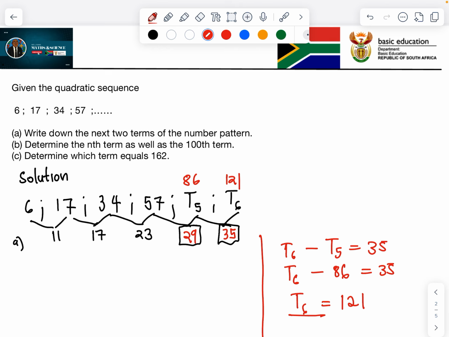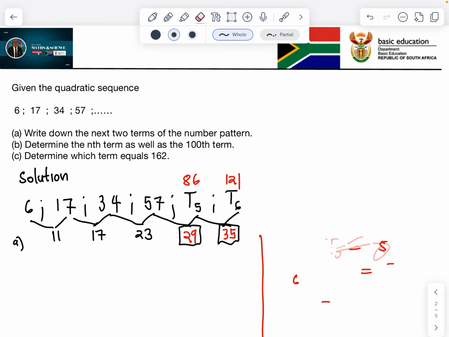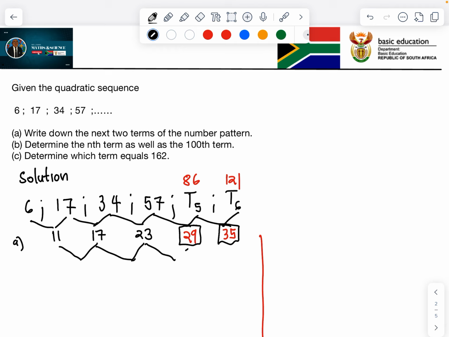Okay. Perfect. So now, for me to be able to get the nth term or the general term for this sequence, I need to get the second difference first. So I'm going to continue here and get the second difference.